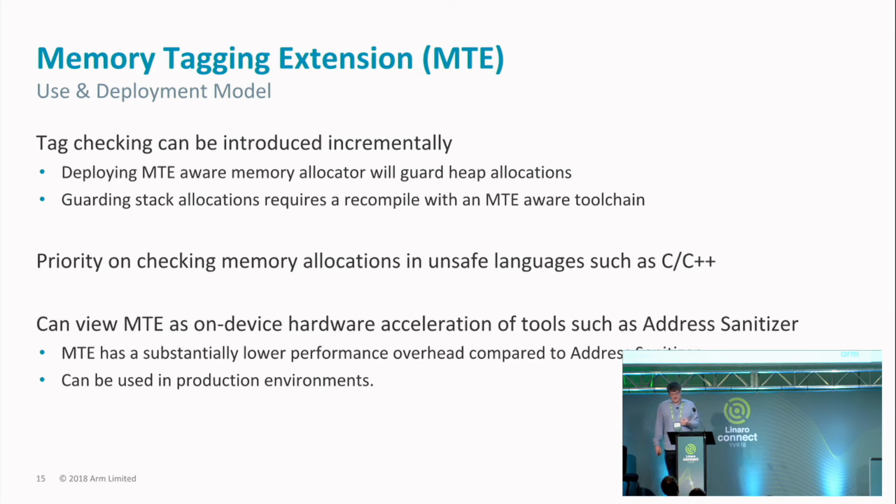So what's the use of this? How do we use it? So we believe tag checking can be introduced incrementally. Deploying a memory allocator, so your malloc, your jemalloc, whatever your libc's memory allocator is, updating that to understand MTE, and then just deploying that on your system will give you guards of your heap allocations.